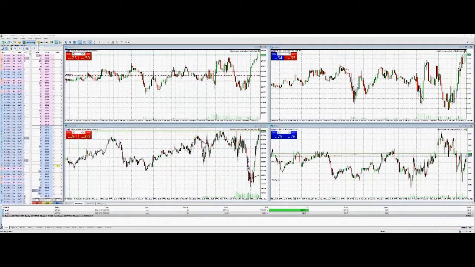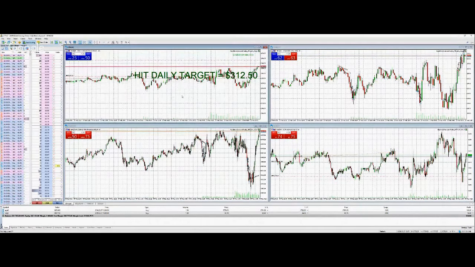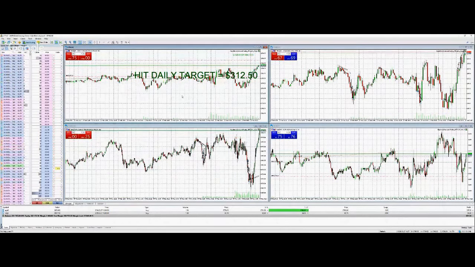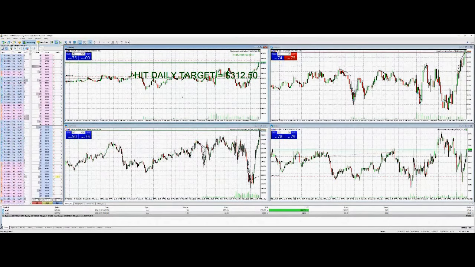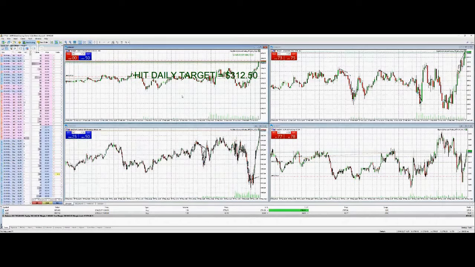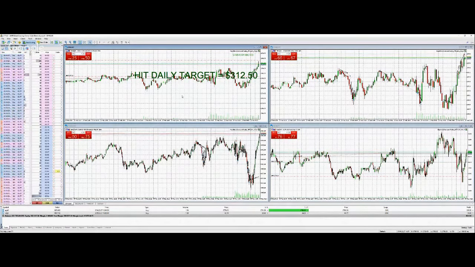And this one here, okay, there we go. We hit the target on the ES. If we notice what we have done, because we are testing it, we are taking small targets at a time, and right now I just talked to the developer. He's going to put in a button. Then what you do is click on the button, and it resets and goes again and again and again.